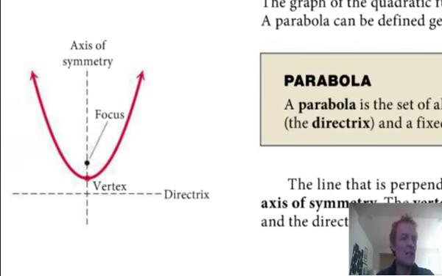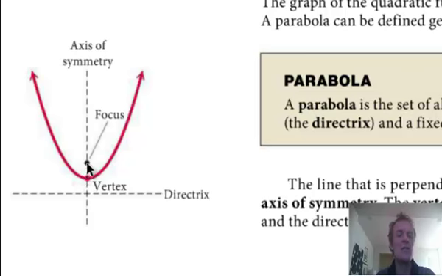Here's a parabola. We have the minimum point here, which is the vertex. Now, the distance from the vertex to the focus point here is the same as the distance to the directrix line. So remember that when we're going to be graphing these and getting all the information together.